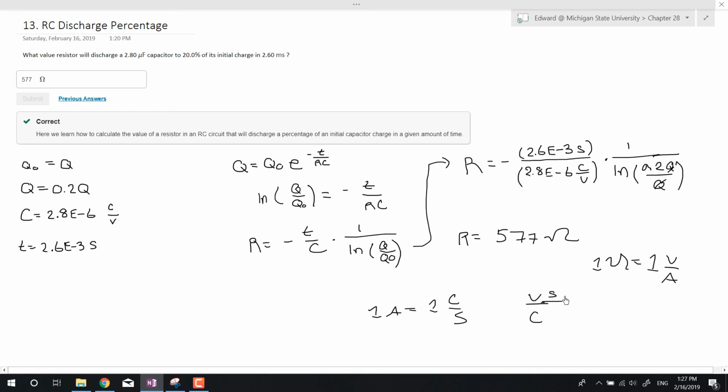So let's see if this matches up. We want this to be coulomb over second. So if we flip this to get this in the bottom, this will equal 1 V over C over S, and that equals 1 V over A. And that's how we get ohms. Okay, that's a little tricky math, but if you rearrange it, it'll work out.